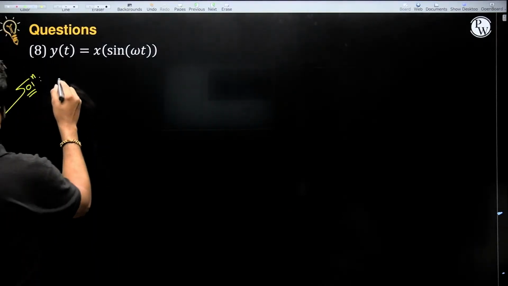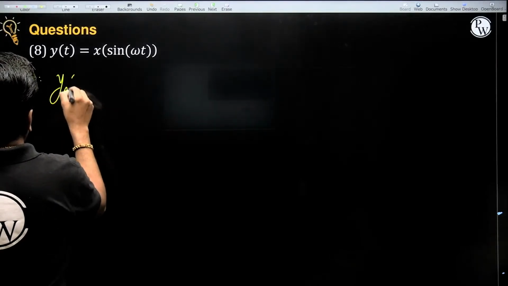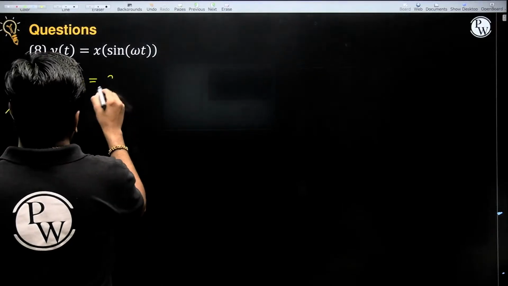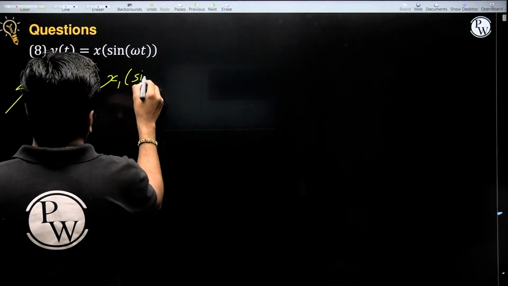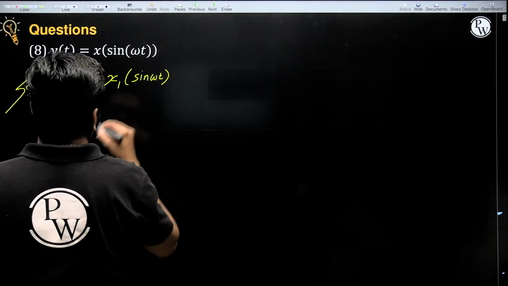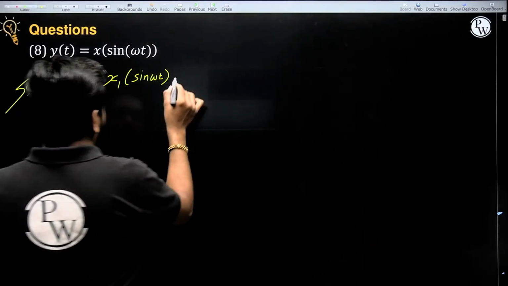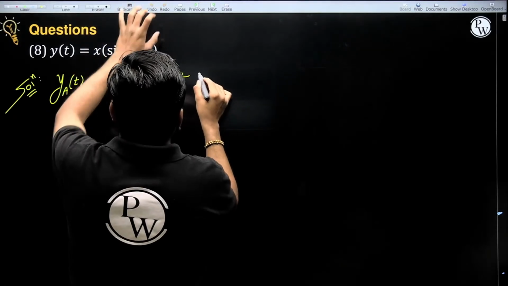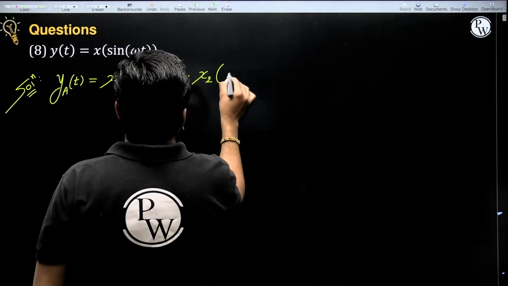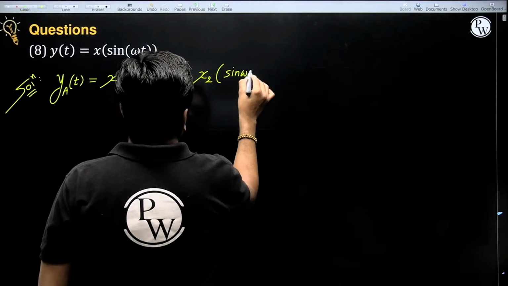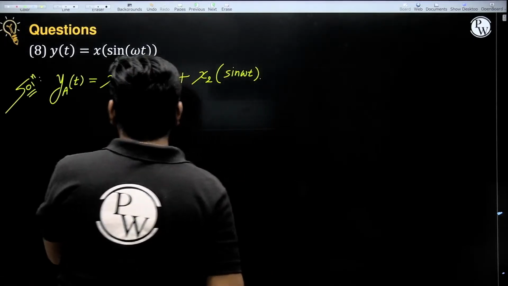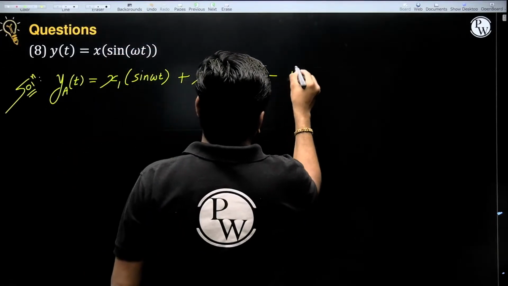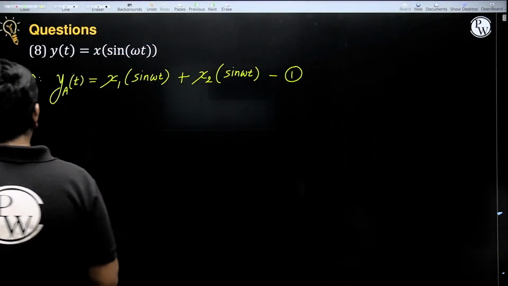So, find the sum of individual responses. Individual input is x1 sin omega t, plus one more response x2 sin omega t. So this is the sum of the individual responses, number 1.